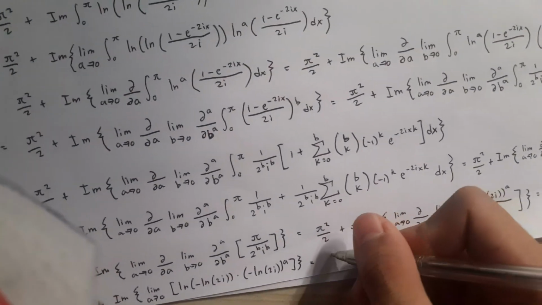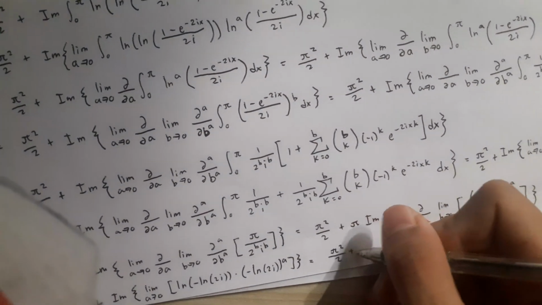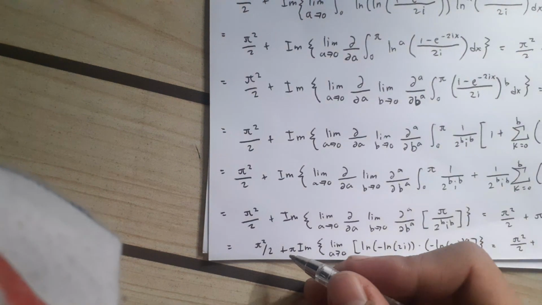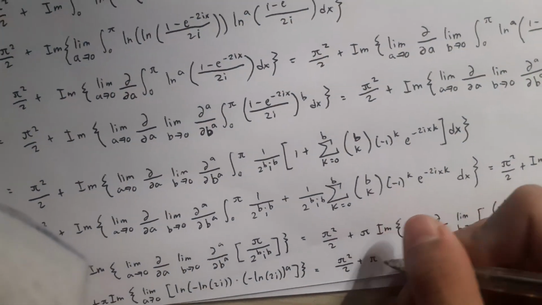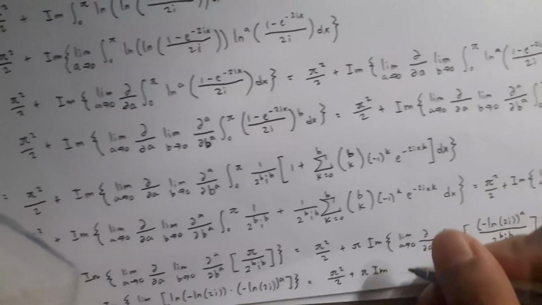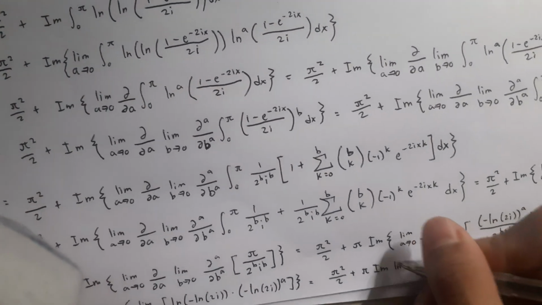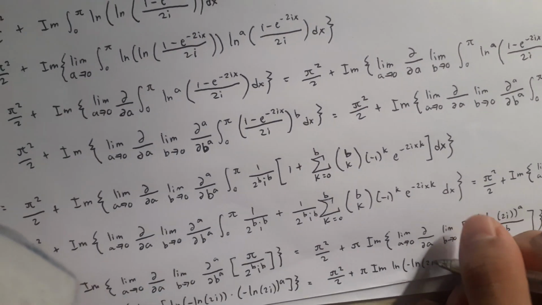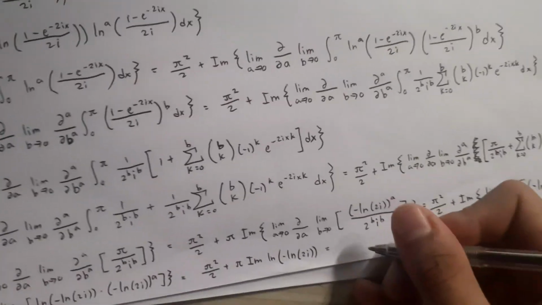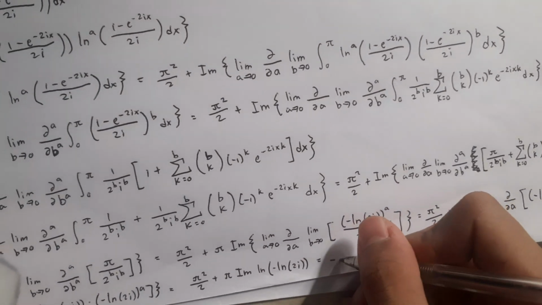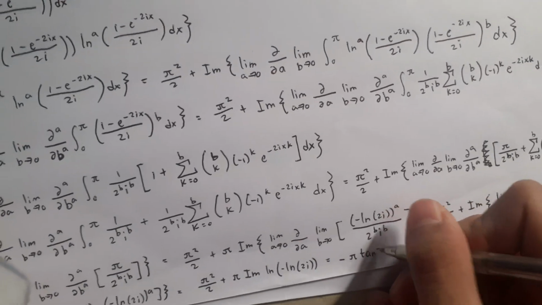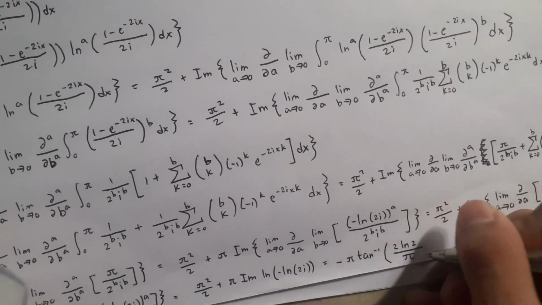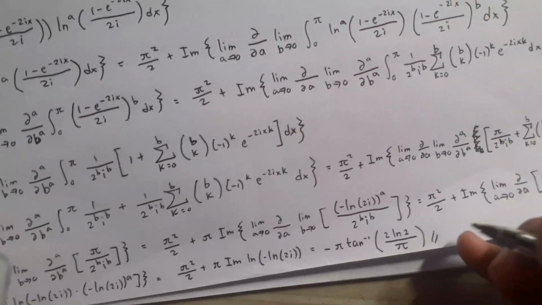So we are now left with pi squared over 2 plus, sorry, I didn't include pi here, there's a pi outside, and pi times the imaginary part of this very simple expression, which is natural log of negative times natural log of 2i, and this is equal to negative pi times arctangent of 2 times ln of 2 divided by pi. So this is our final answer to the problem.